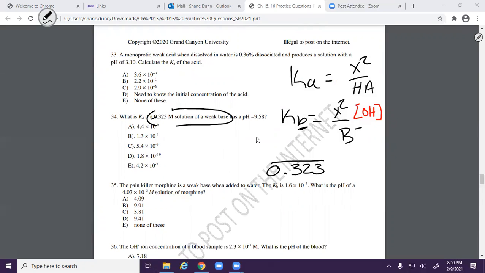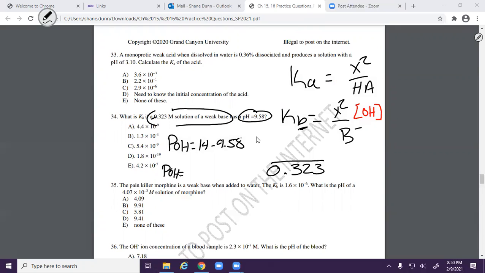How would I find the amount of OH? How would I do that? That would give you the amount of OH. POH is equal to 14 minus 9.58, right? What does that equal?